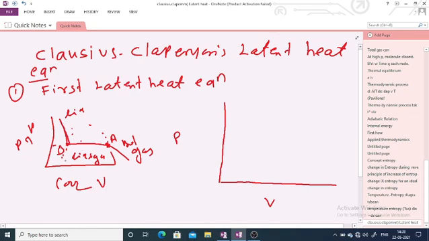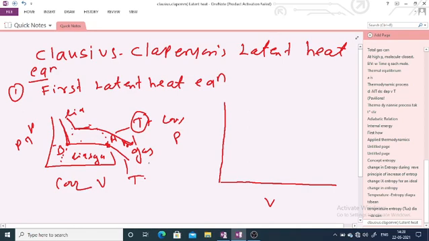Now if the temperature is increased, you can draw a different curve. Temperature is constant for each curve.